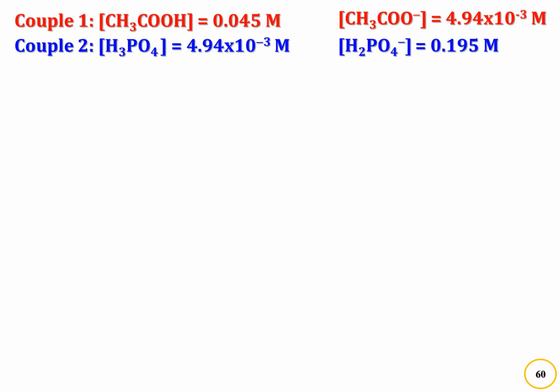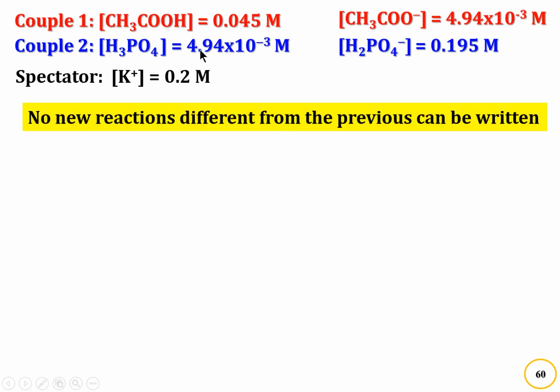This is couple 2. And we have the spectator K plus equal to 0.2. If we look at the new balance of the species and we put them in increasing order of pKa, we will observe that we do not have new reactions different from the one written in the previous slide.